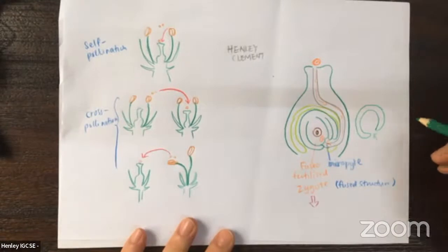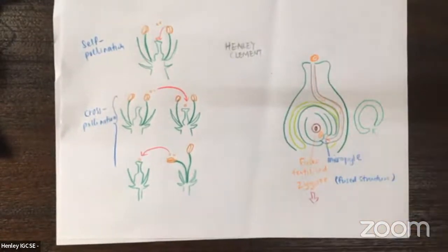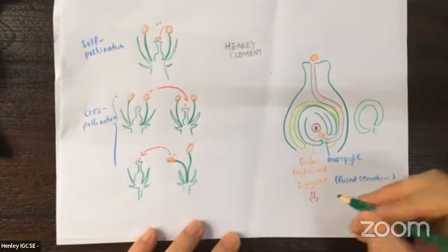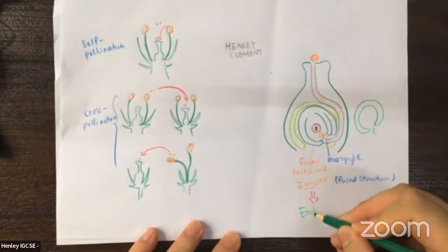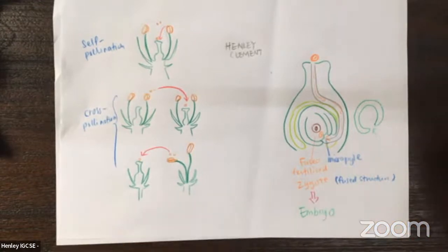The zygote will need to divide. That means it duplicates itself, dividing its cells to become a larger structure, which is called the embryo.